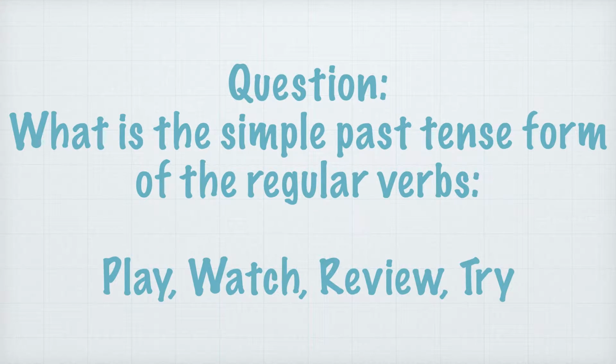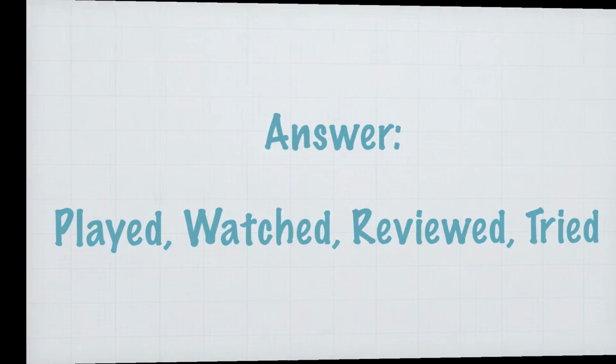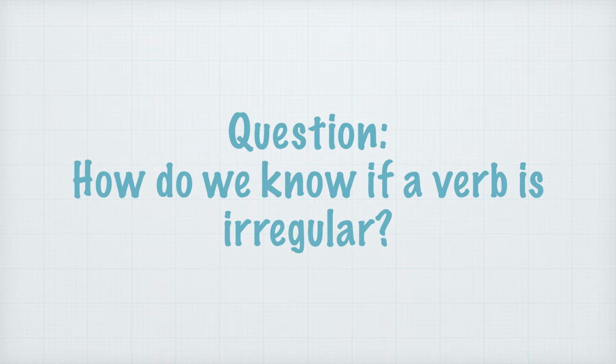What is the simple past tense form of the regular verbs play, watch, review, try? Played, watched, reviewed, tried. How do we know if a verb is irregular?